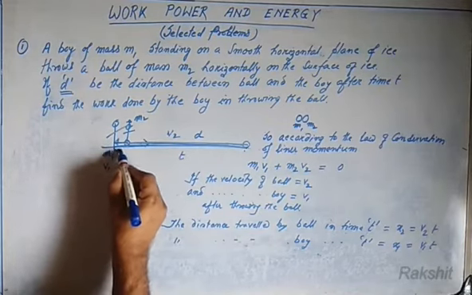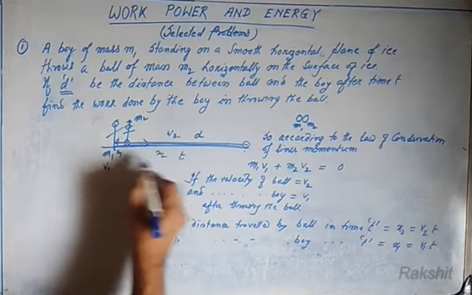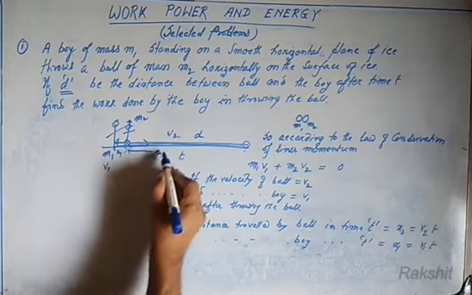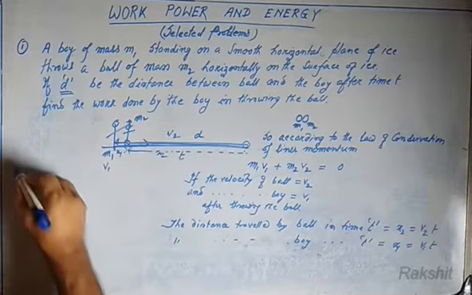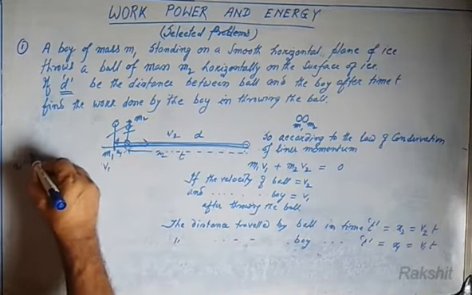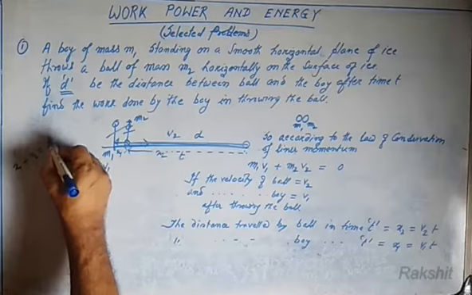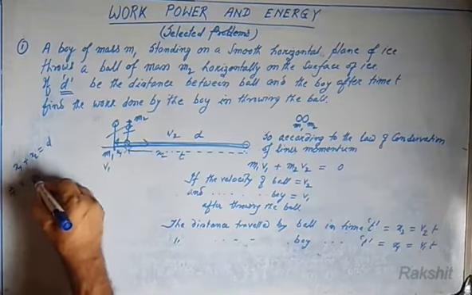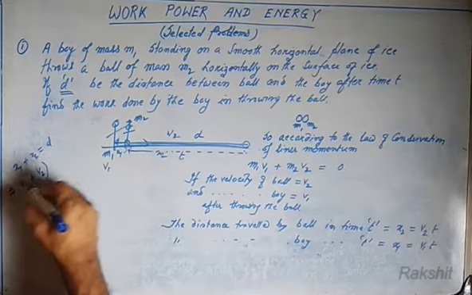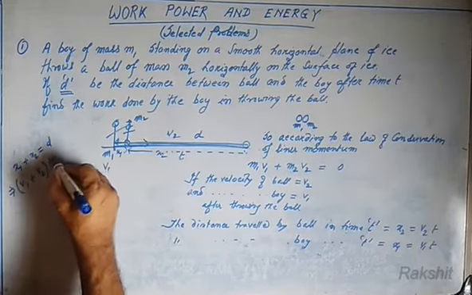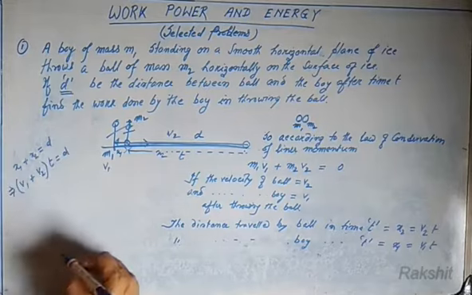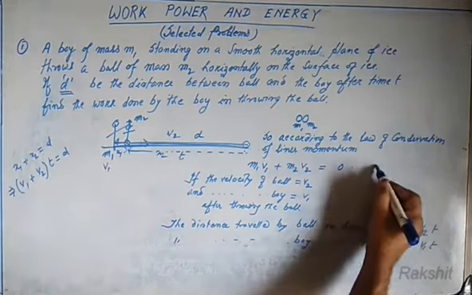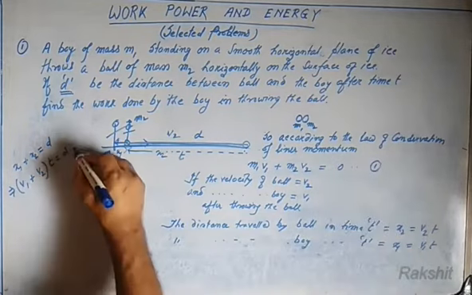So x1 plus x2 is equal to d. That implies v1 plus v2 into t is equal to d. So this is equation number 1 and this is equation number 2.